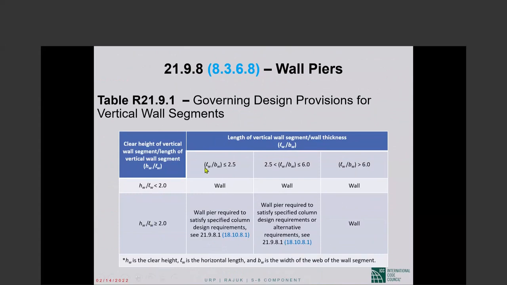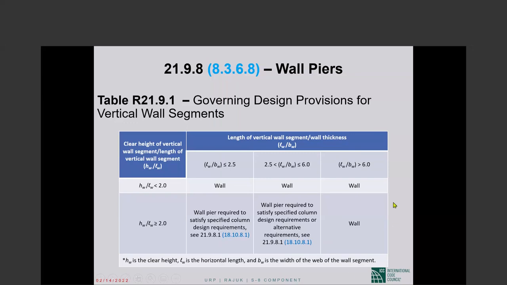If the length to thickness ratio of the wall segment is less than or equal to 2.5, then it is a column, and you must reinforce it as a column. This is very, very important. You are looking at a column, and you must reinforce the segment as a column, not as a wall.